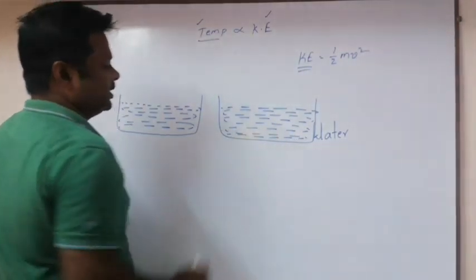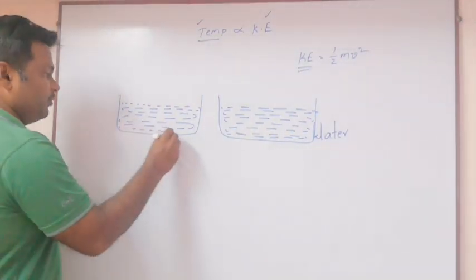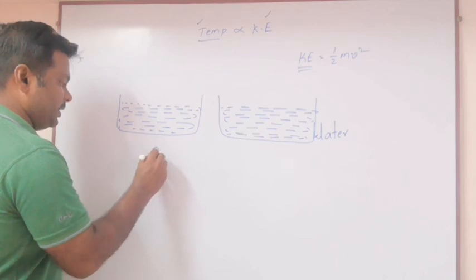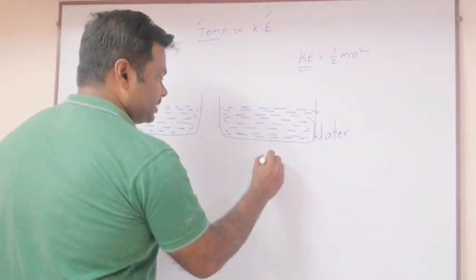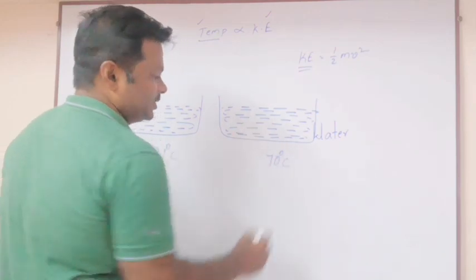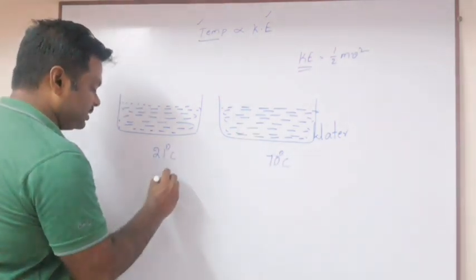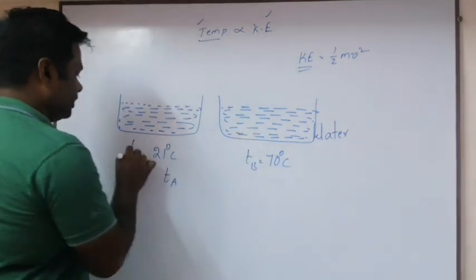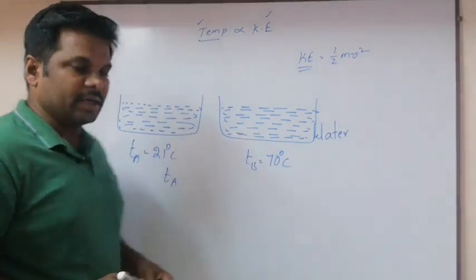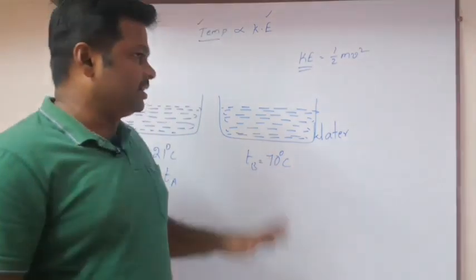Temperature of the first one is 21 degrees centigrade, that is room temperature. The second one has a temperature of 70 degrees centigrade, somewhat more. Temperature of A is 21 degrees centigrade, temperature of B is 70 degrees centigrade.